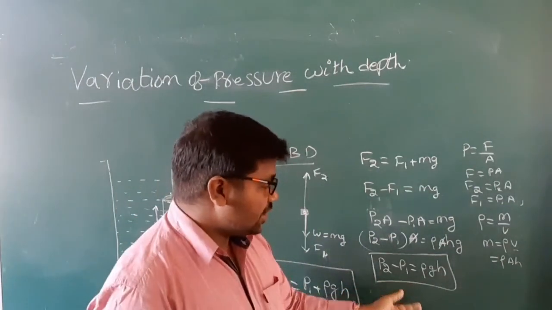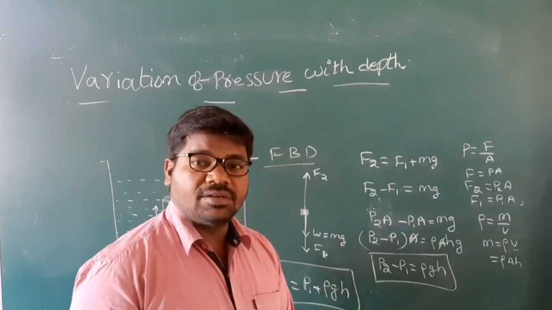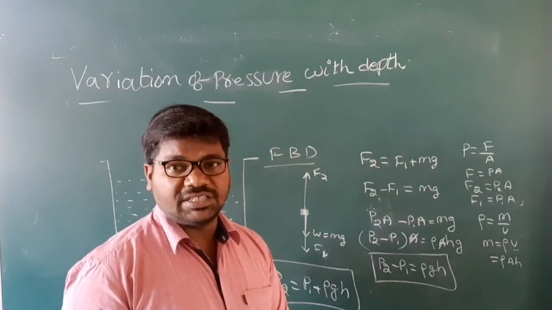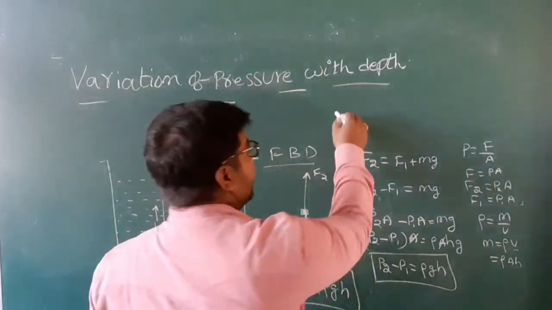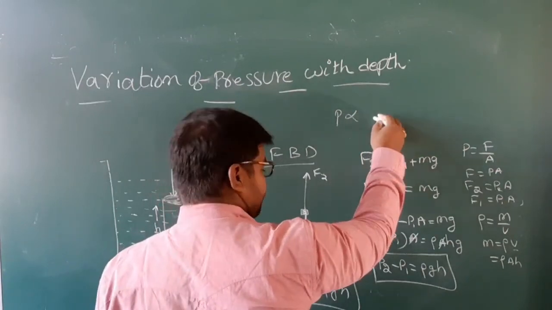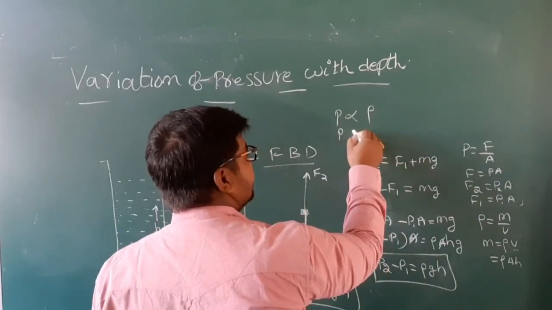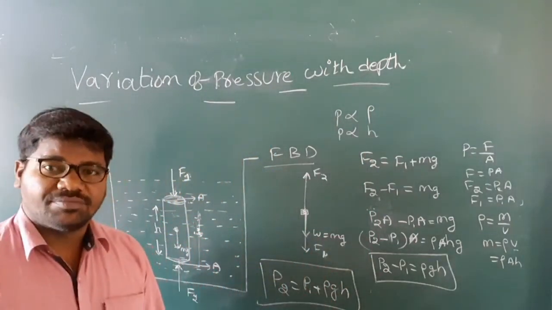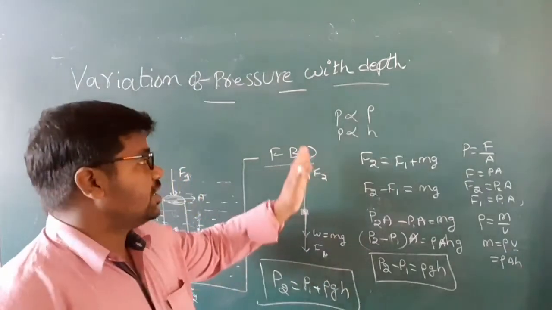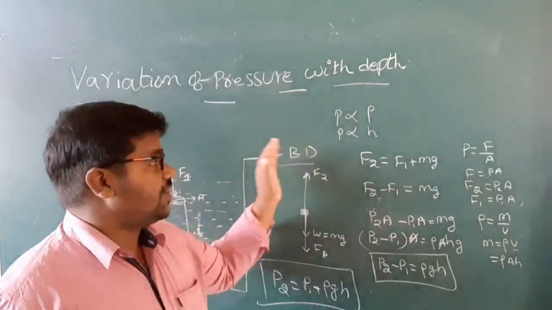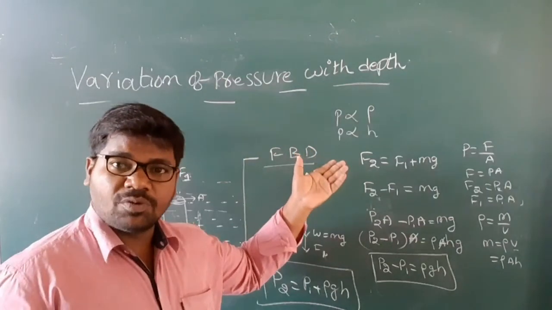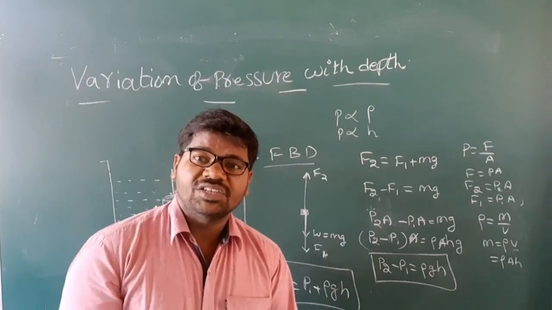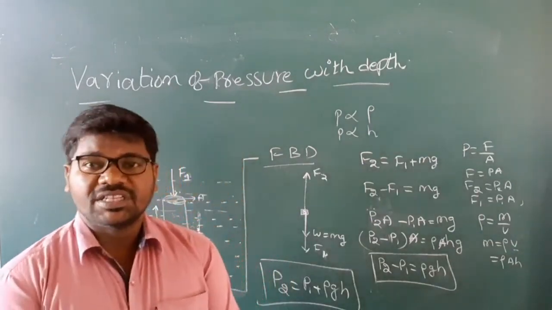In a static fluid, pressure depends upon the height of the liquid column. The variation of pressure is directly proportional to density and directly proportional to height.